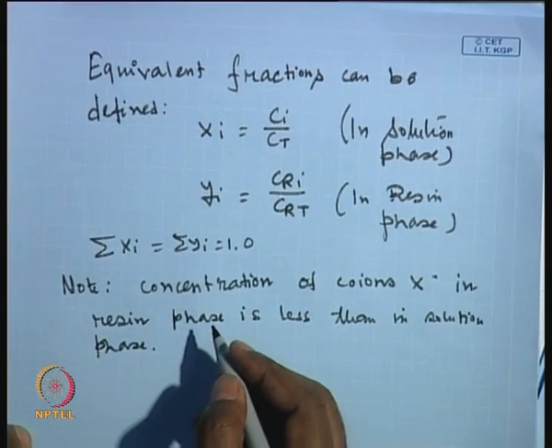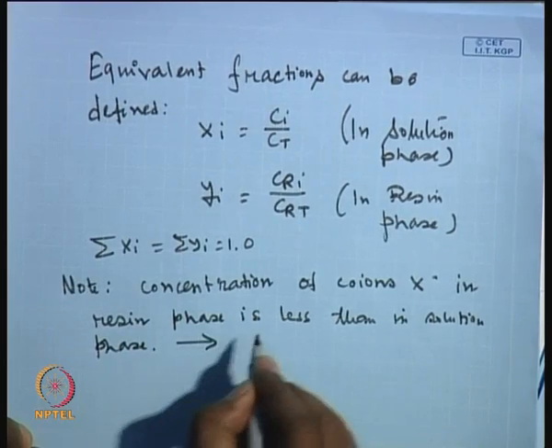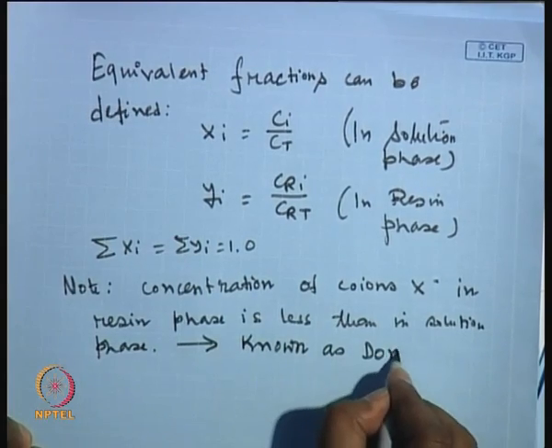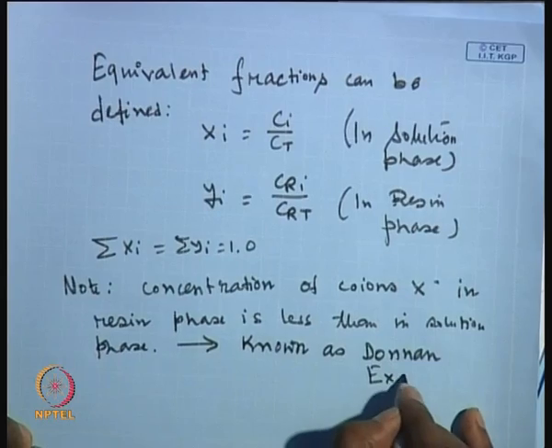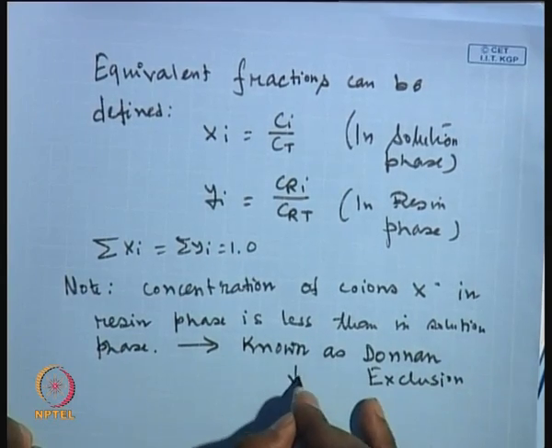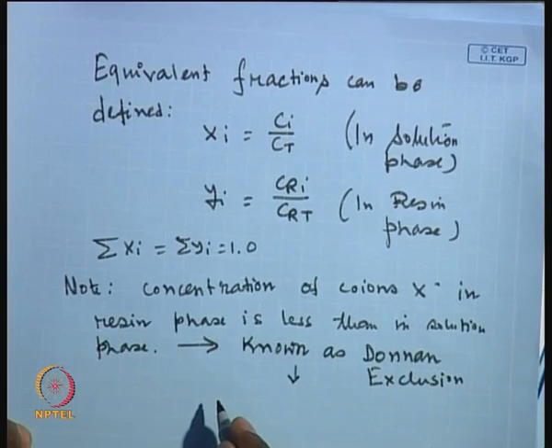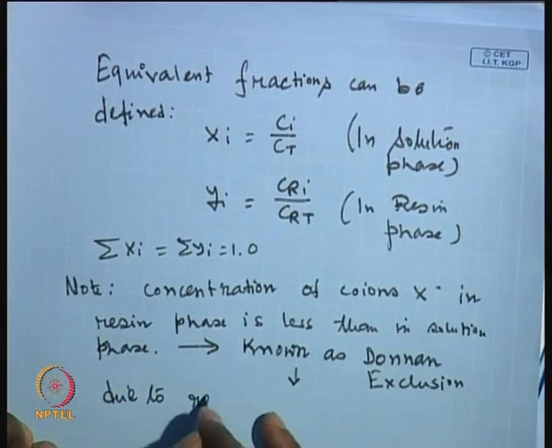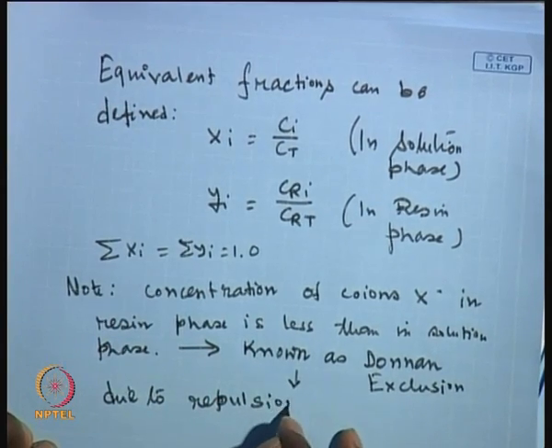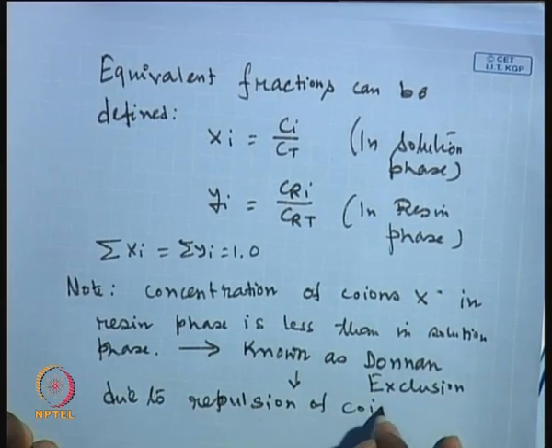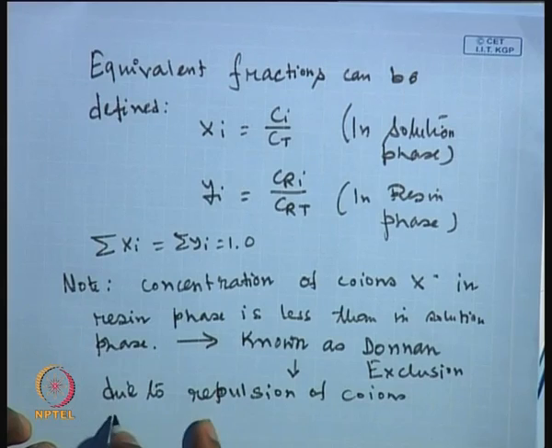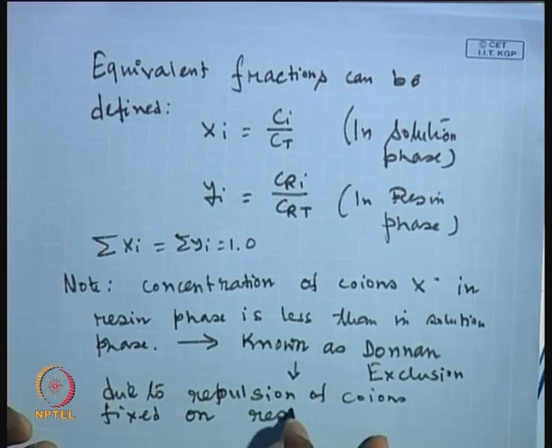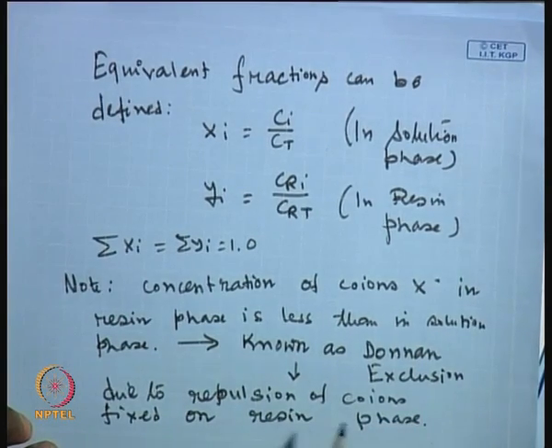This phenomenon is known as the Donnan exclusion, and this occurs because of the repulsion of the coions due to the fixed charges on the resin phase.